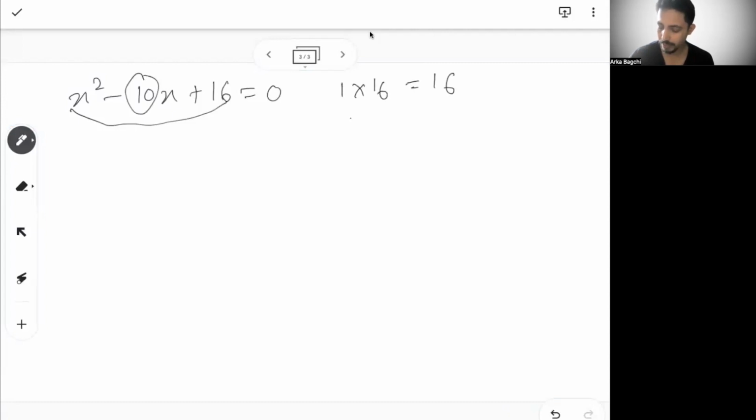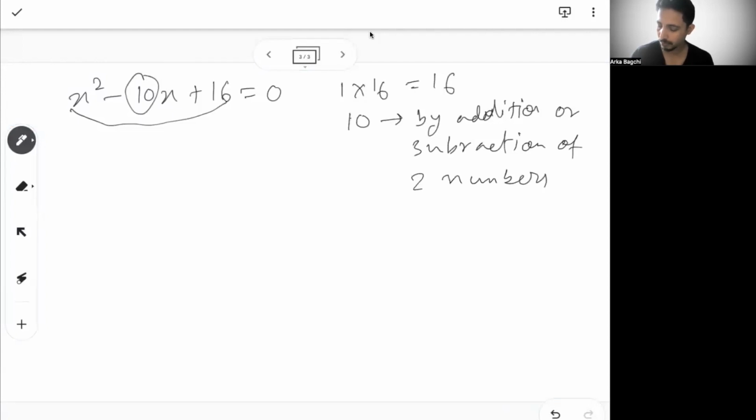Then I will try to adjust 10 by addition or subtraction of two numbers whose product will be 1 into 16, or 16.